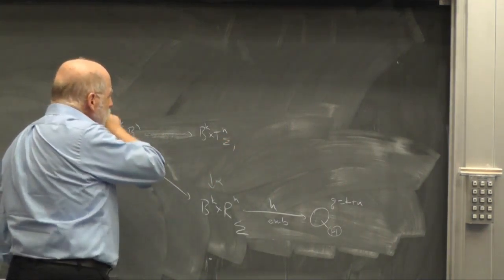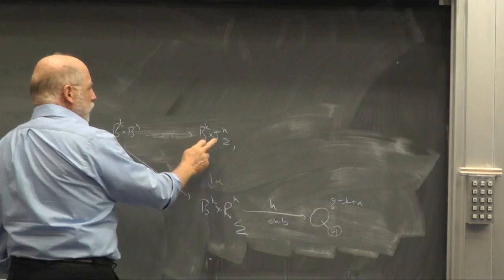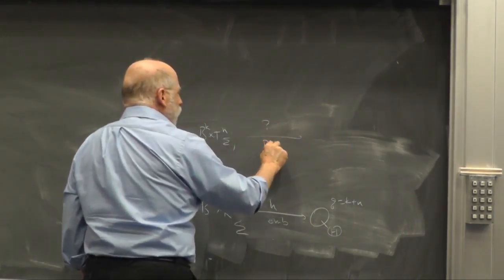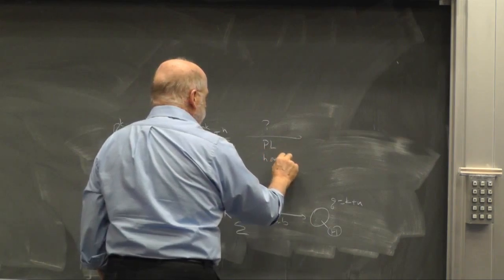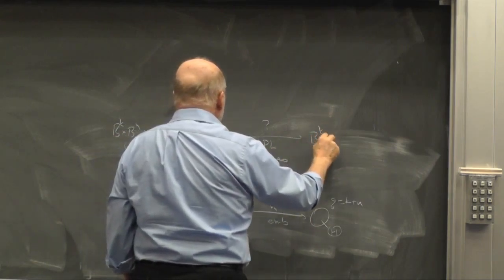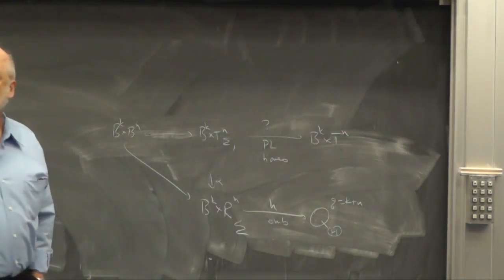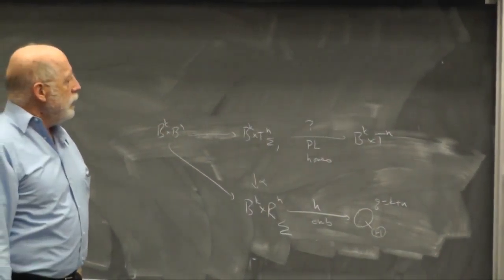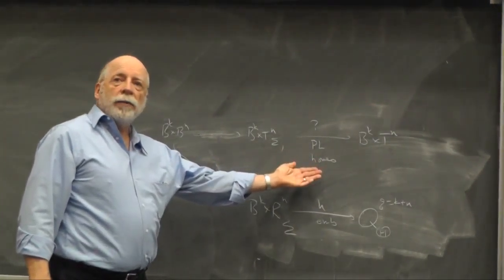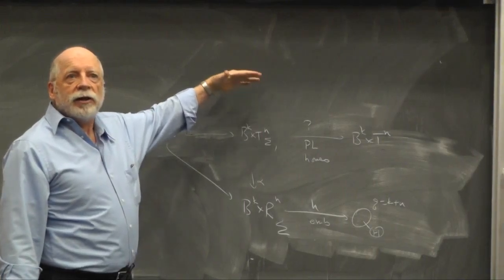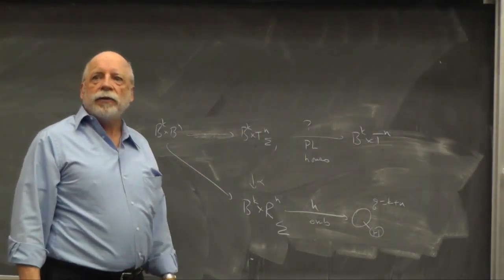We wanted to know whether there is a PL homeomorphism to B^k cross T^n standard. That's where we were introducing Wall. There was an obstruction; we took a two-fold cover and got rid of the obstruction except for one case, for 3-handles.